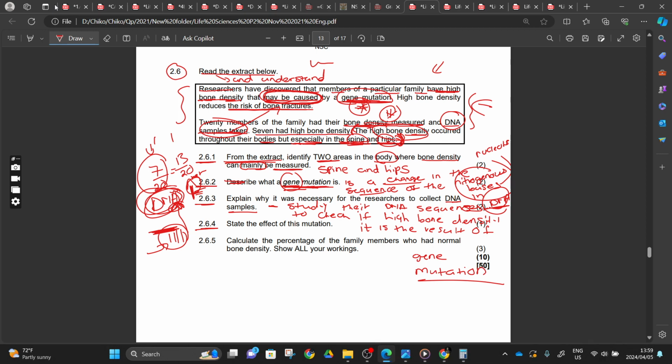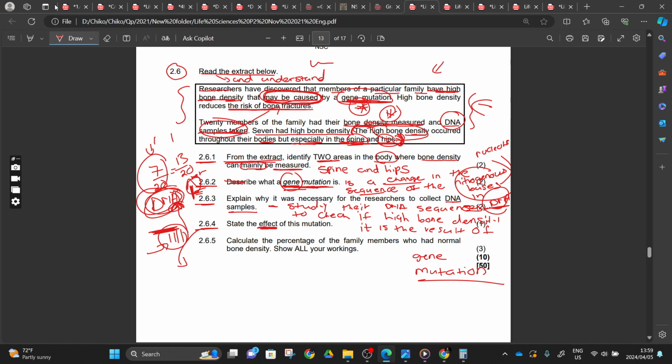Then 2.6.4, state the effect of this mutation. You still remember that yesterday we talked about the effects of mutation, right? We said it's harmless, it's harmful, it's useless, right?